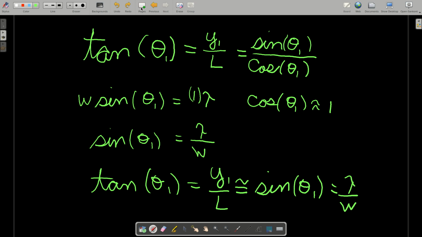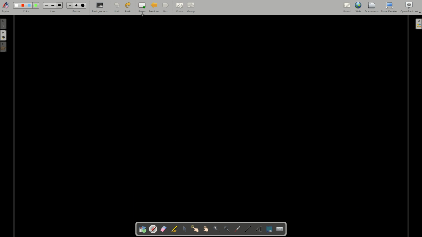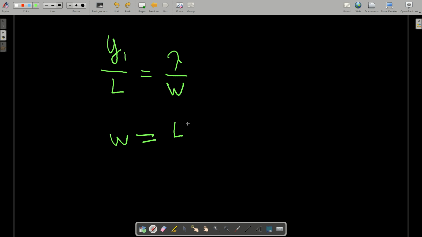Now that's really nice, because now we can say this. We rearrange this, solve for W. Remember, that's the thickness of the hair. L times lambda over y1.